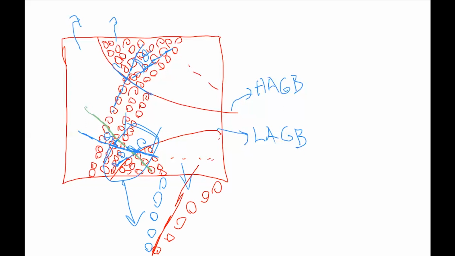So cracks might start from these regions. They might elongate along the grain boundary, or they might just pass the grain boundary. So these are another type of imperfection. Which type of grain boundary do you think will generate more hardening?